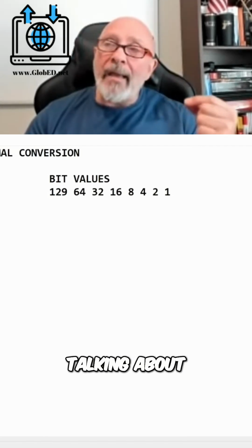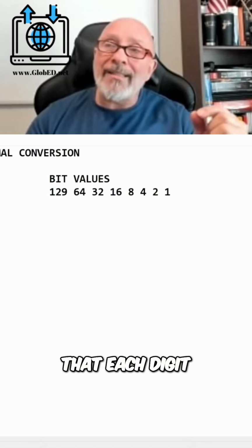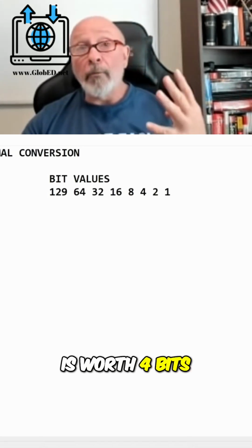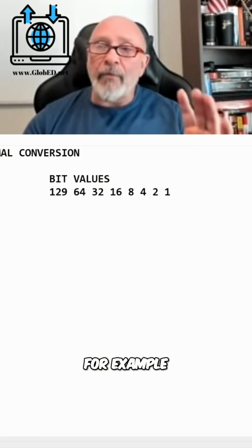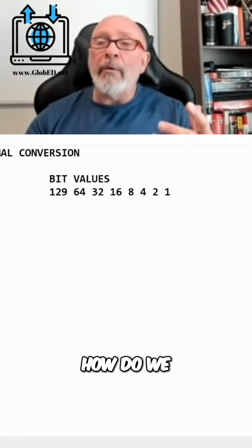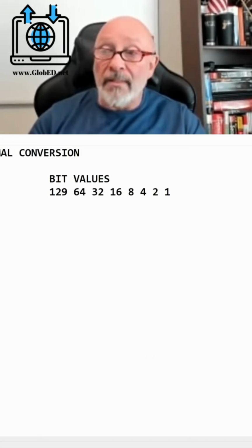So when we're talking about hex numbers, we're talking about numbers where each digit, each value, is worth 4 bits. So let's take, for example, the 0 you see up here. How do we represent that 0 in hex? We put 0x0.